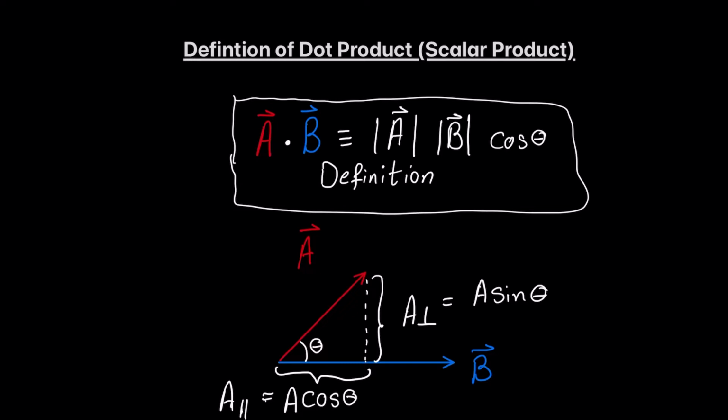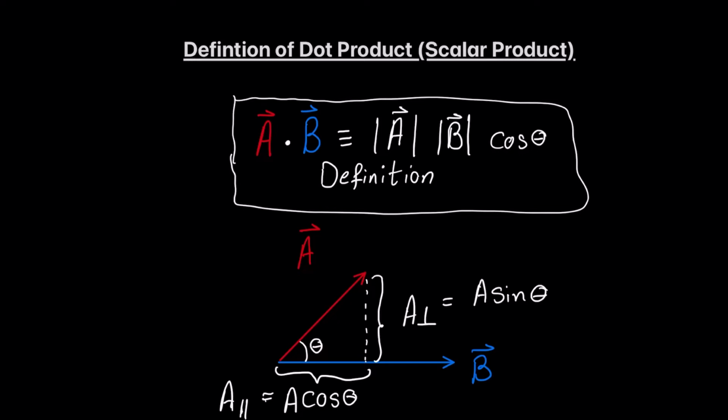If you watch the video I've posted on the channel on adding vectors, one of the techniques is the parallelogram technique, where we place the two vectors at the same origin. To take the dot product between two vectors, we will do the same. We will place them at the same origin, and by definition, the angle theta is the angle between the two vectors.